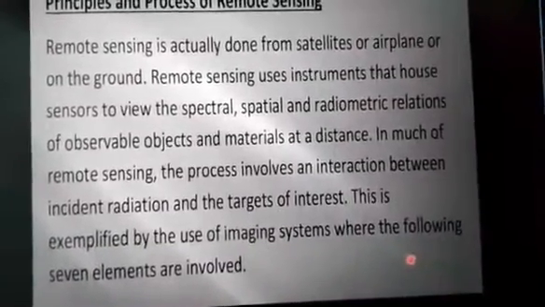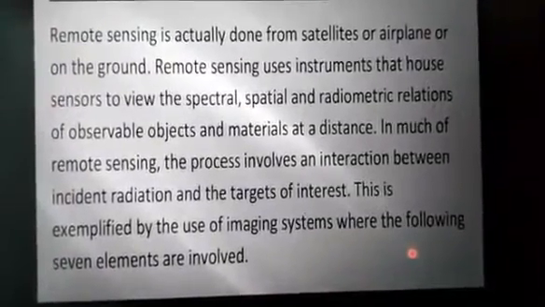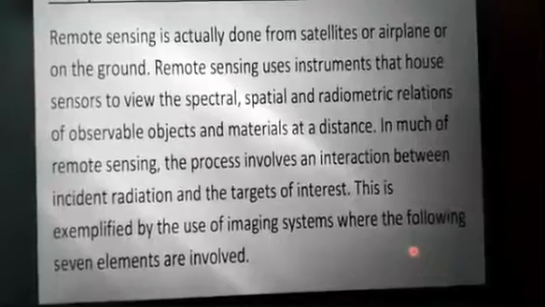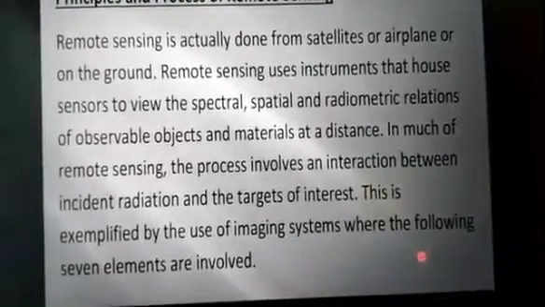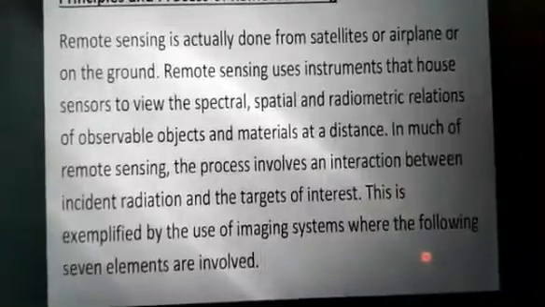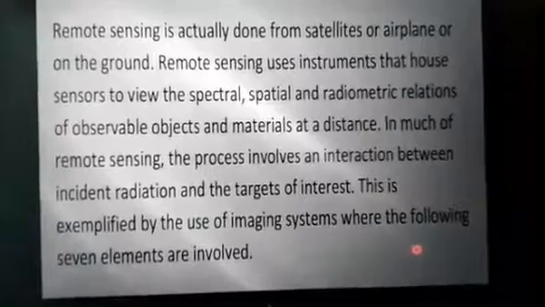In much of remote sensing, the process involves the interaction between incident radiation and the target of interest. This is amplified by the use of an imaging system, where the following 7 elements are involved, A up to G.